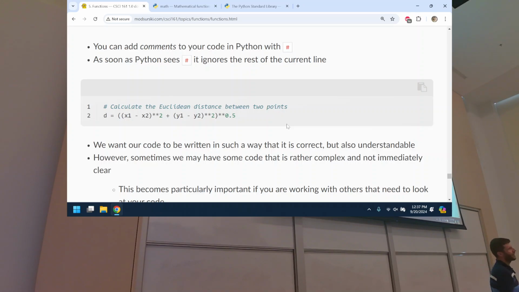But a lot of people might look at that and say, what the hell's that? I would argue that that code's pretty self-descriptive. Maybe if my variable was called Euclidean distance, that would be better. But maybe let's just add a comment to this code: calculate the Euclidean distance between 2 points. Oh, okay, yeah. So you could be very explicit in describing what's going on here.